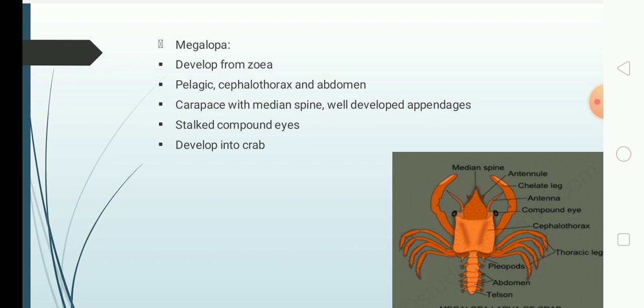The cephalothorax is broad and covered by the carapace, where anteriorly the carapace is produced into a median spine. It has stalked compound eyes, and all the appendages are well developed in this Megalopa larva. Megalopa larva then develops into the crab. So this is about the Megalopa larva.